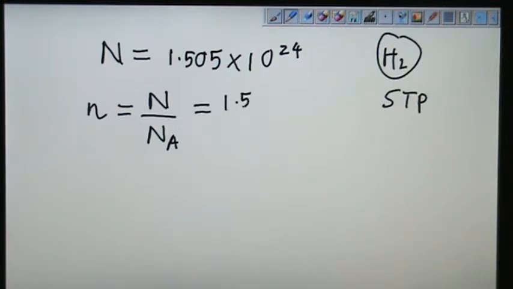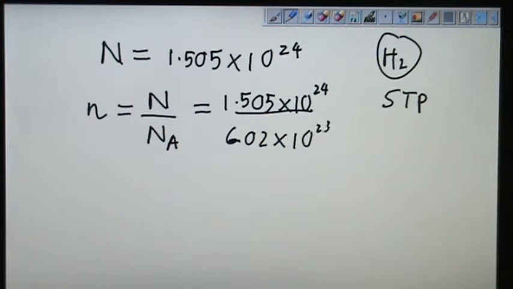So that would be 1.505 times 10 power 24 divided by 6.02 times 10 power 23. You will get 1.505 divided by 6.02, which is 0.25, but there's a 10 behind, so it's 2.5 mole.